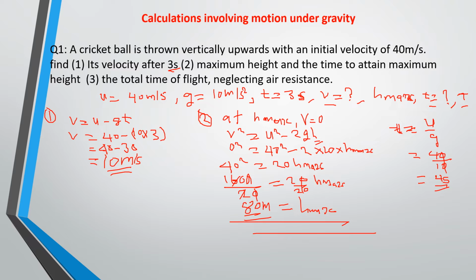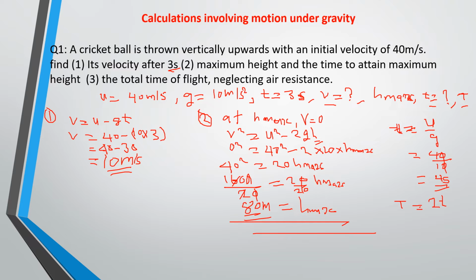Alright, so the total time of flight, we say the total time of flight neglecting air resistance. After attaining maximum height, the object will still have to come down. So from our equation, the total time of flight is T equals 2t.